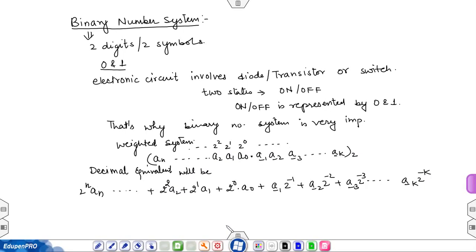Let me write here a general formula for any number system.